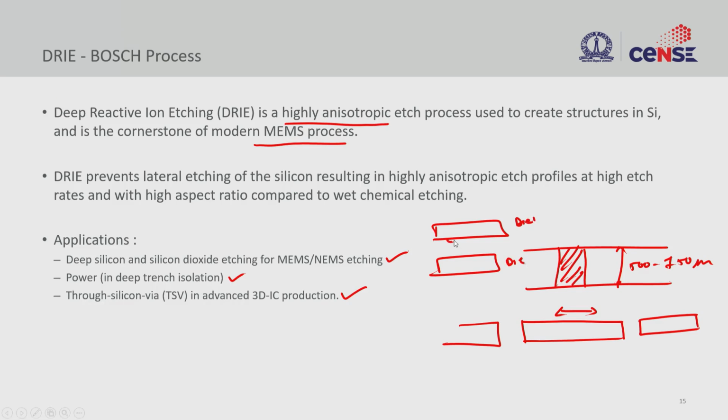If I want to connect these two, you can make deep trenches, right, and by doing that we will be able to connect all of this electrically, right? This is what is used in present day memory chips, right? With high density memory chips, we use through silicon vias for 3D integration.